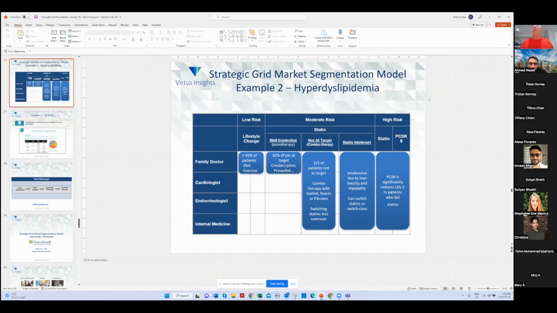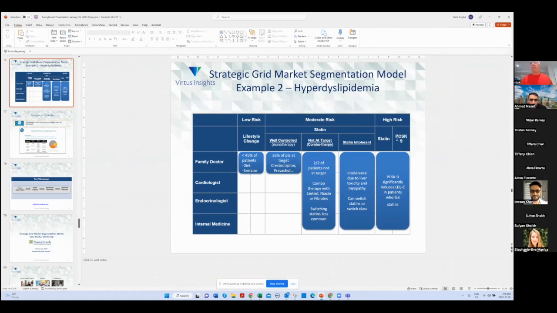I was leading the development of a product, and it was actually this one here. It was a PCSK9, which is a monoclonal antibody that has side effects very similar to a placebo. The product is called Repatha. It's already on the market, and I played a role in the early commercialization plan. Well, what happened was prior to this product being developed in the marketplace, there was no PCSK9.